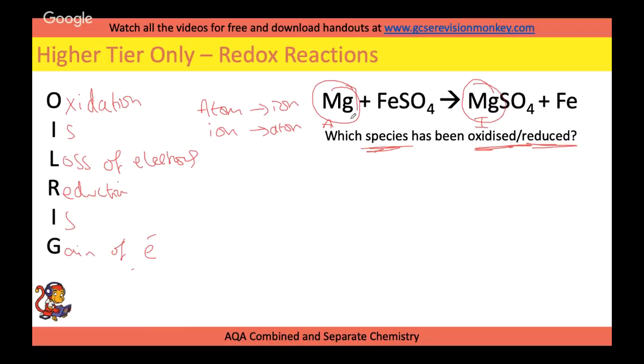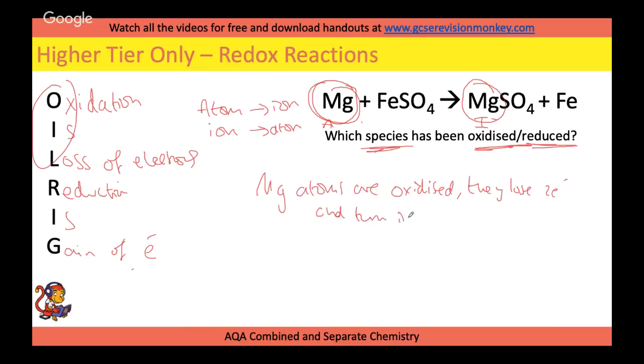Okay, so for the magnesium, it has 2 electrons in its outer shell because it's in group 2. It must have lost those electrons to turn into an ion. So that's our oxidation. So you would write magnesium atoms are oxidized. They lose 2 electrons and turn into magnesium 2+ ions.